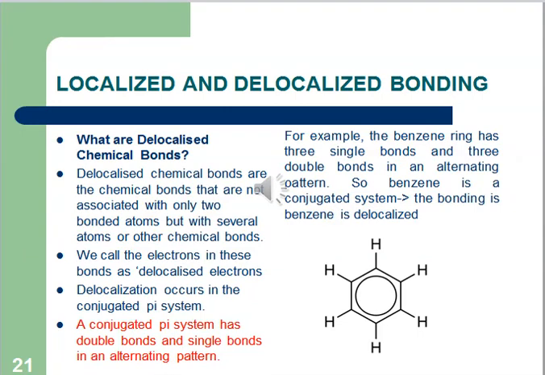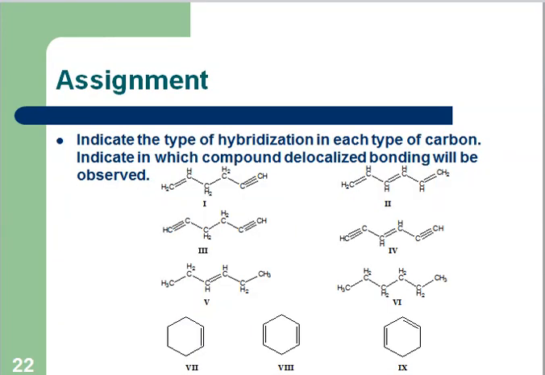Here we have a few structures, and this is your assignment. Number one, indicate the type of hybridization of each carbon. This is a carbon, and you have to tell the type of hybridization of this carbon, this carbon, this carbon, and so on.